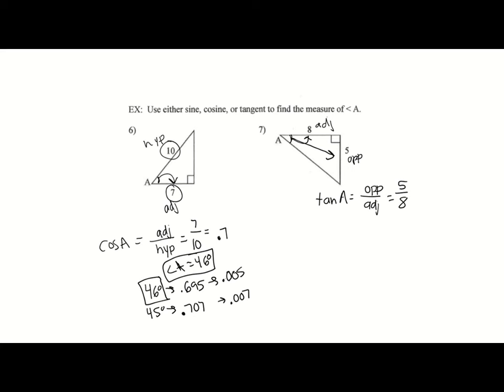When I type that in my calculator, 5/8, I get 0.625. So again, I'm going to look for this number in my tangent column, 0.625. And I see exactly 0.625 at 32 degrees. So that means that A is going to be 32 degrees.